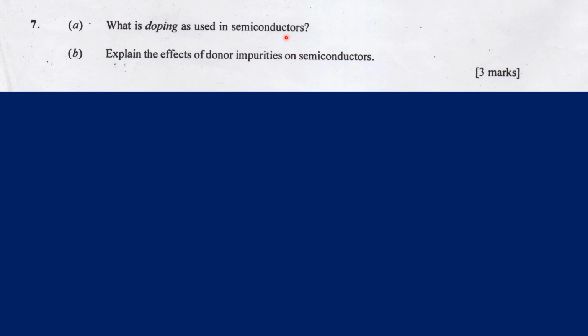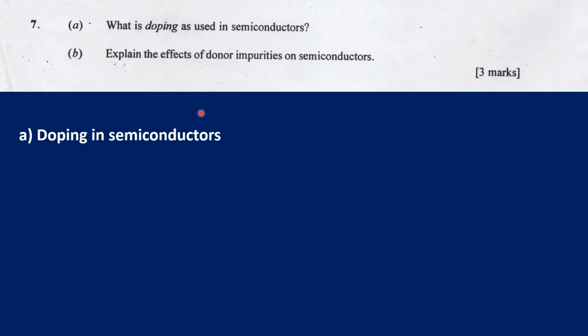Now, an impurity can be added to this intrinsic semiconductor to increase its conductivity, and the process is called doping, and that semiconductor becomes an extrinsic semiconductor. So the process of adding an impurity to a semiconductor to enhance its conductivity is what is called doping.